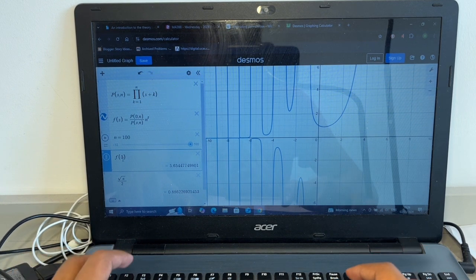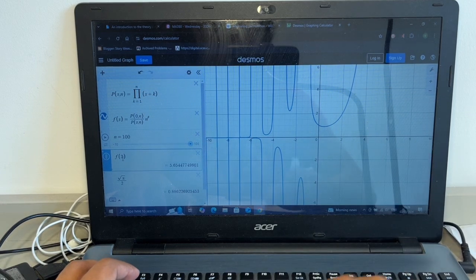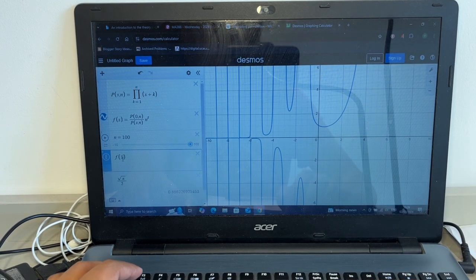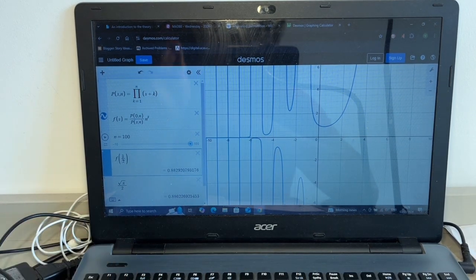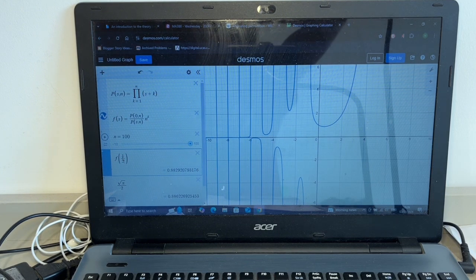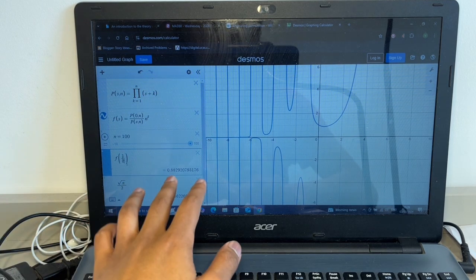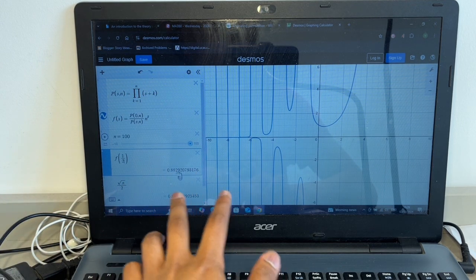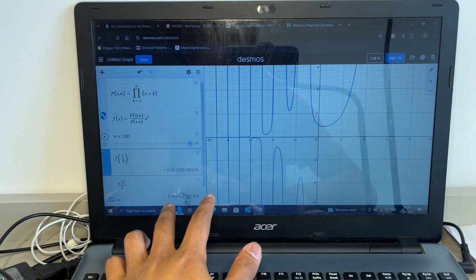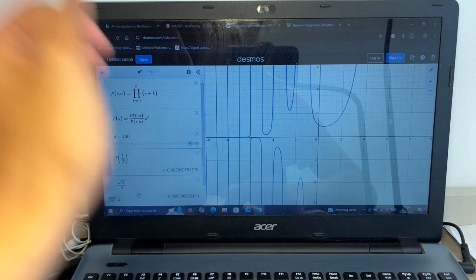Using this idea we've come up with, the Pochhammer symbol, we can actually work out 1/2 factorial, just by extending the definition using the Pochhammer symbol. And we get this number here. And if you notice, this number is very close to this number, square root pi over 2.